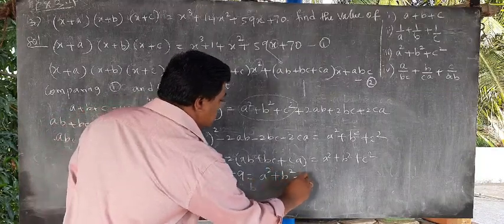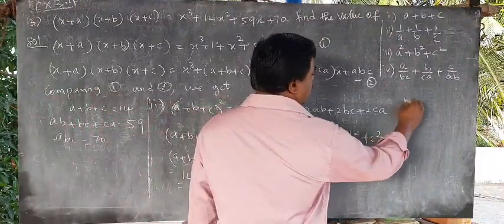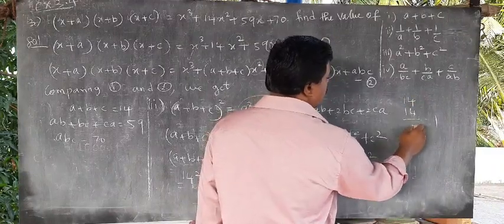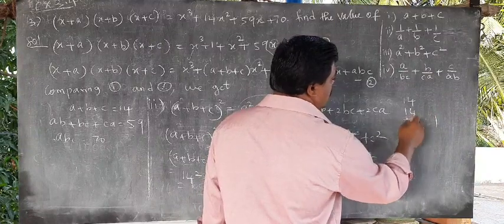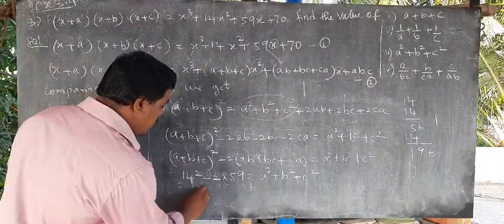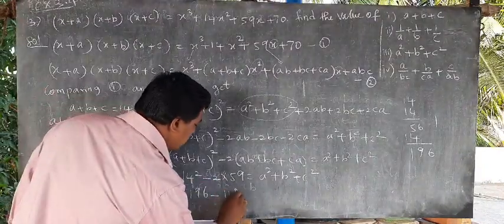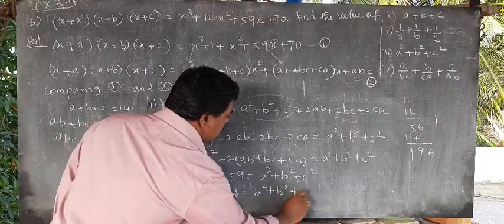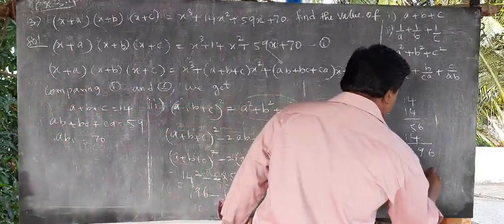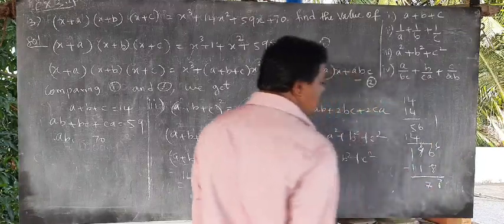A square plus B square plus C square. 14 square is 196. 196 minus 59 into 2, that is 118, equals A square plus B square plus C square. 196 minus 118 is 78. That is the answer here.